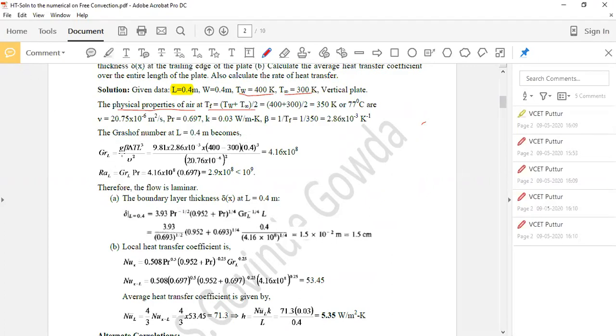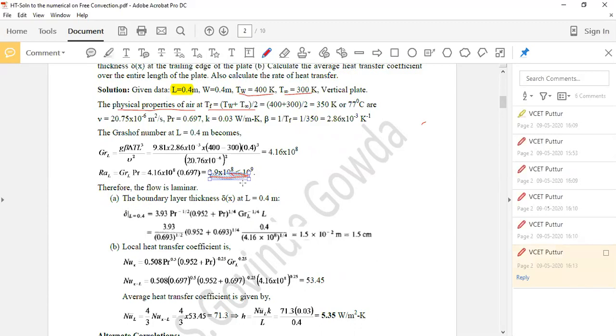Grashof number obviously given by G into beta delta T L cube divided by mu square, and is calculated to be 4.16 into 10 to the power of 8, and therefore your Rayleigh's number is nothing but a GRPR. So is obtained to be 2.9 in 10 to the power of 8.